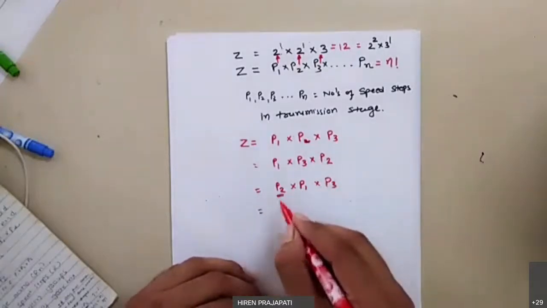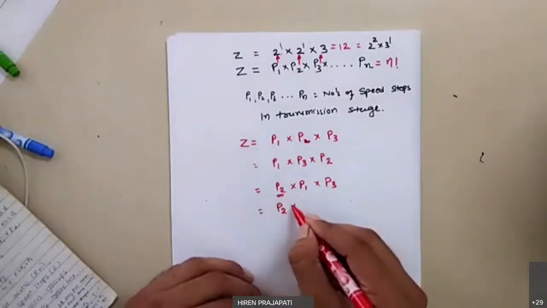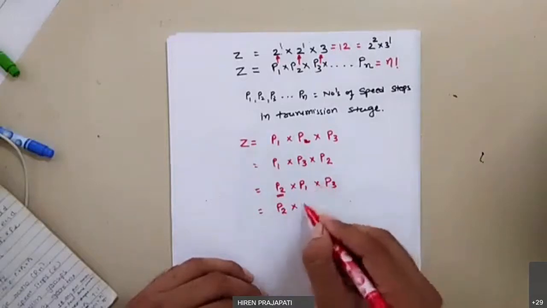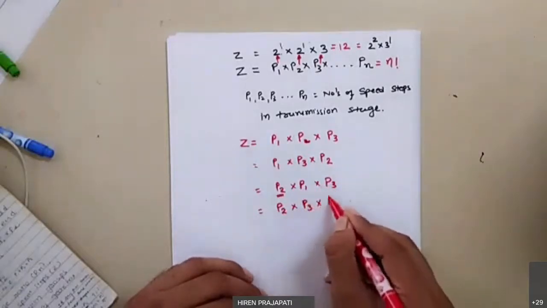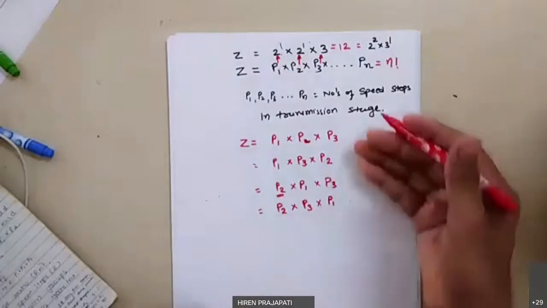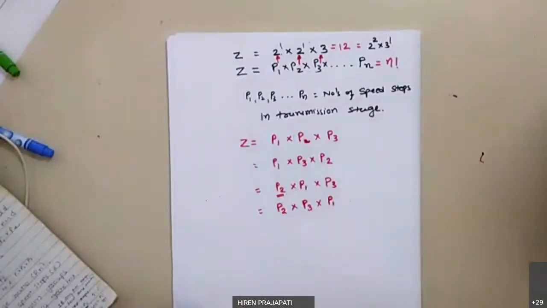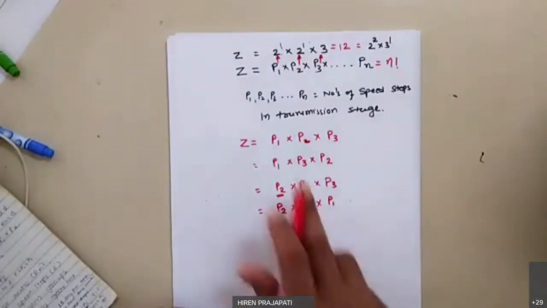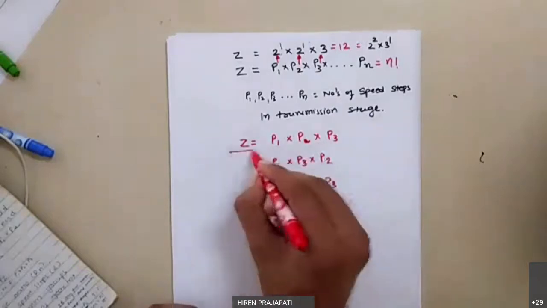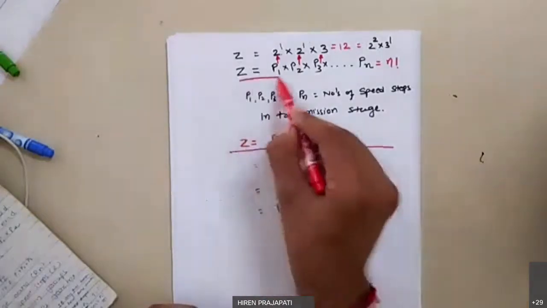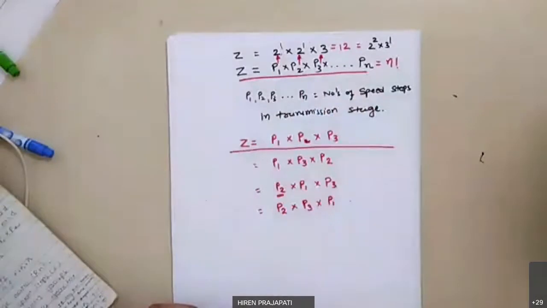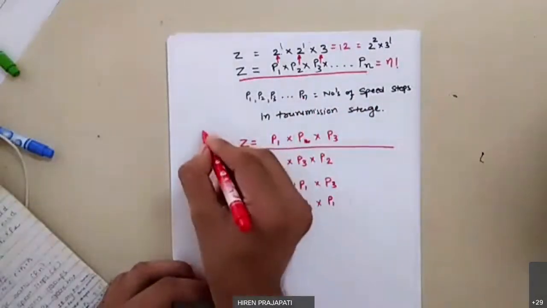Similarly, I keep P2 in the same position and change these two positions, P3, P1. So likewise, so many possible arrangements are there. So this is called a structural equation. If I write the number of speeds in this form, then that is called a structural equation.